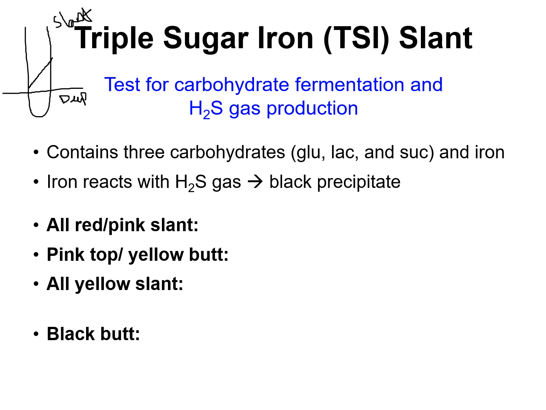Basically the deep is going to help us figure out if glucose is fermented or not. The deep is for glucose, and then the slant part is for lactose slash sucrose.